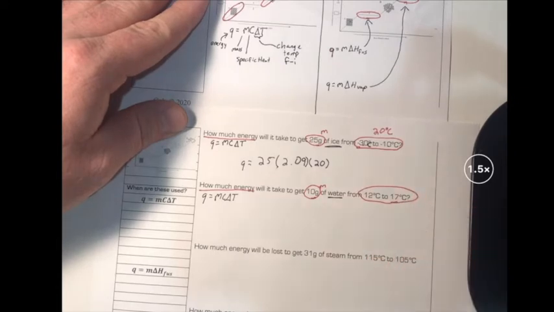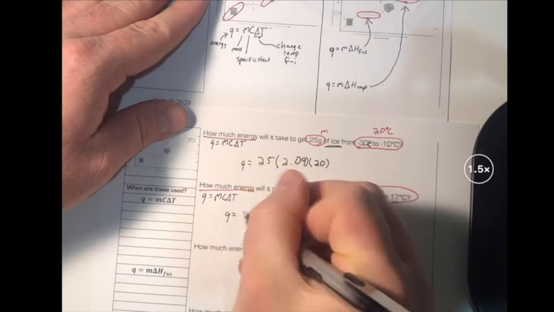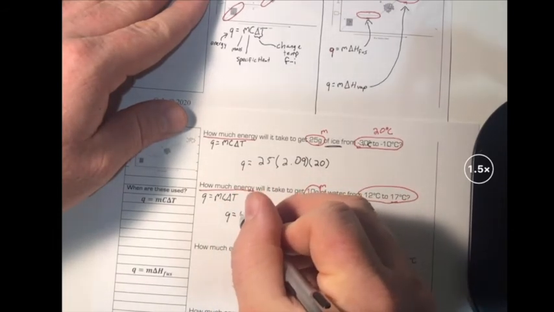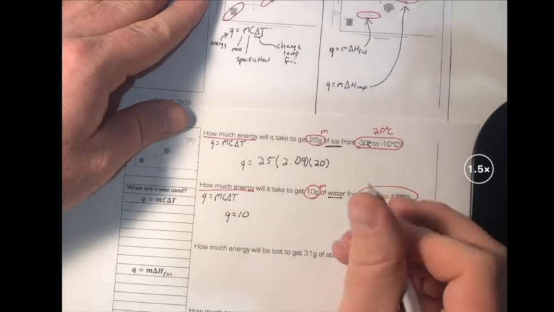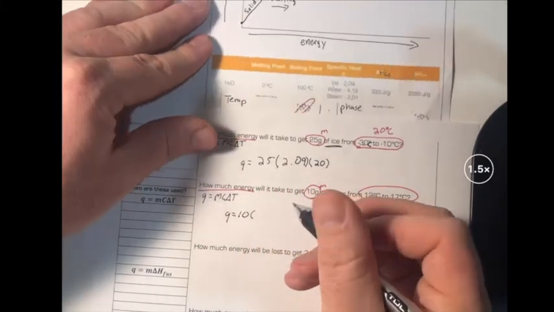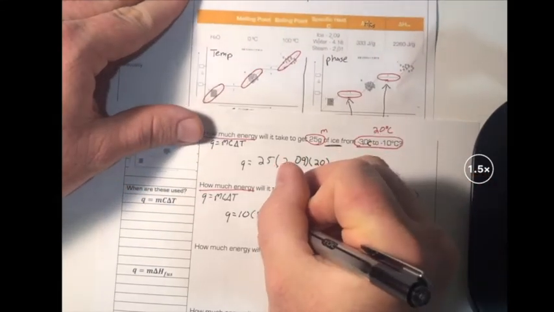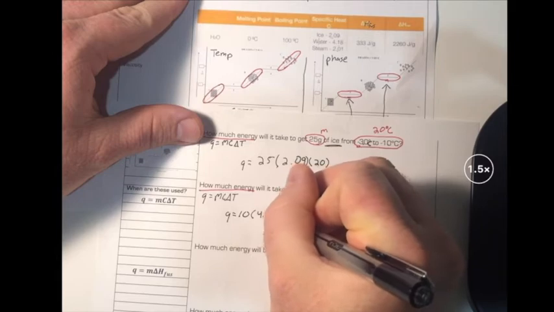All right, let's go and plug it in. Q equals our mass of 10. We're doing water, so we have to find the specific heat of water. Looking up here, it's 4.18. And now we have to find our change in temperature.